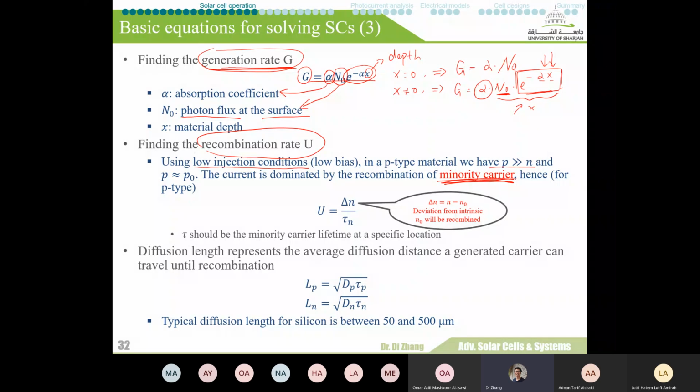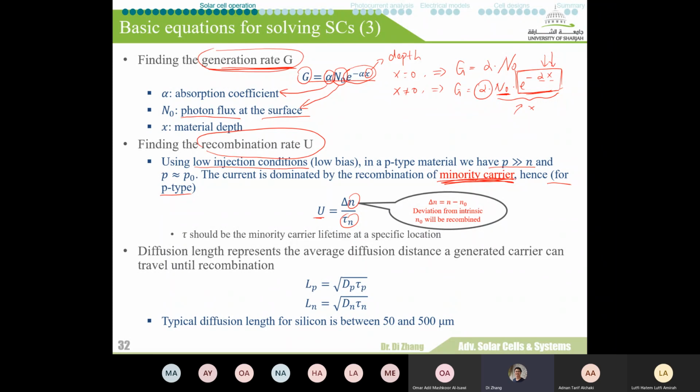Remember, recombination always comes from two different kinds of carriers. But typically it is the fewer carrier type that is critical for the recombination behavior. For instance, in a p-type semiconductor, the recombination rate is typically related only to the electron recombination behavior, because in a p-type material the electron is the minority carrier.